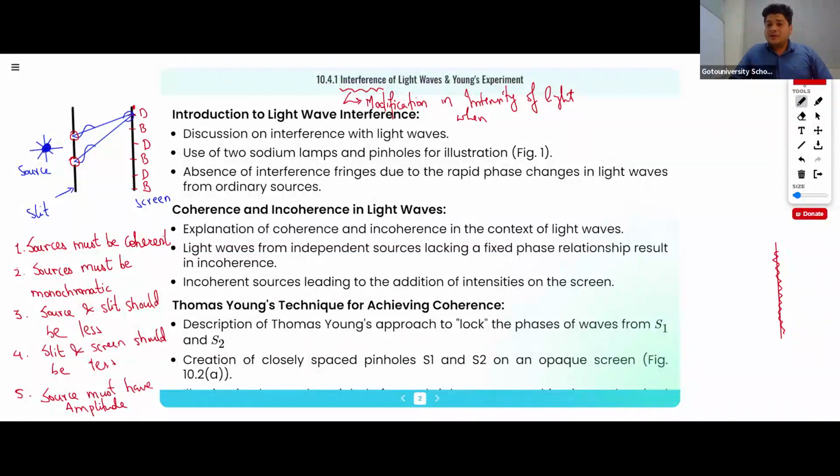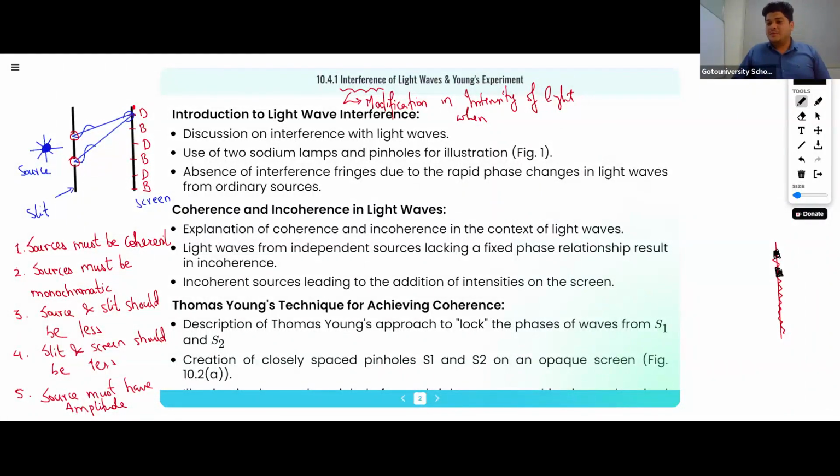But because of the slit, the dark would have zero intensity, and the bright would have 80, not 40, because initially it was 40, and this 40 has been modified to bright.